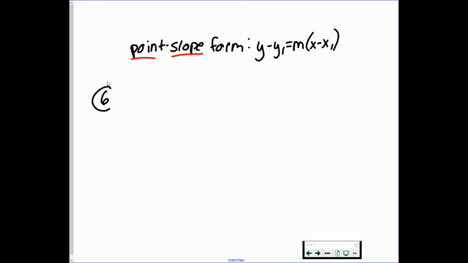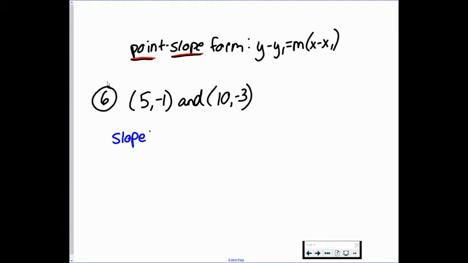On question 6, it asks us to write the equation of the line in point slope form, but this time we have two ordered pairs, (5, -1) and (10, -3). To write the equation in point slope form, you must have a point and a slope. Well, we're given 2 points, so we got the point part covered, but now we need to find the slope.